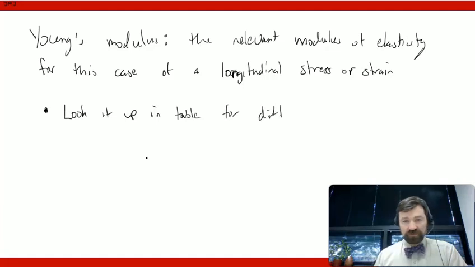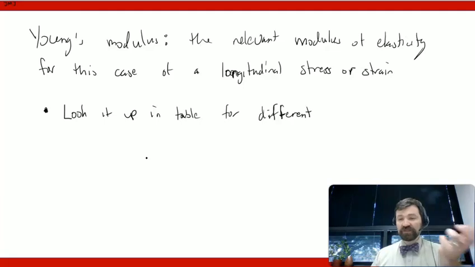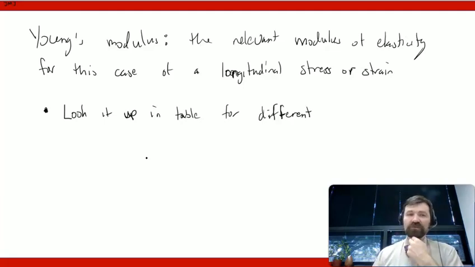This is the kind of thing that engineers especially excel at. You give them a problem, there's some standard value, and they go look it up in the table, and they say, okay, you've made this out of, let's say, iron, and therefore the Young's modulus of elasticity for iron with these dopants would be this number, and maybe that changes with temperature and so on and so forth.